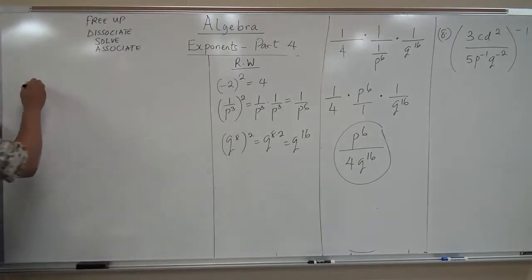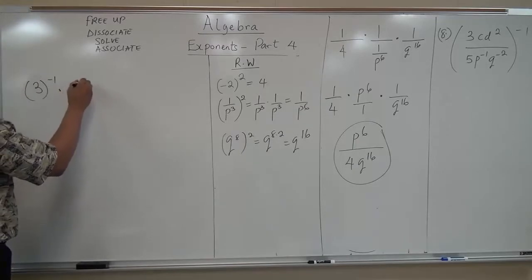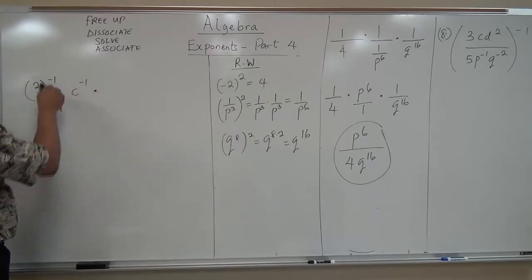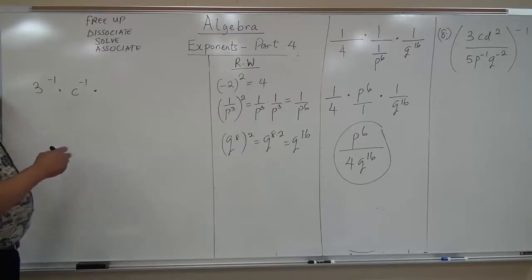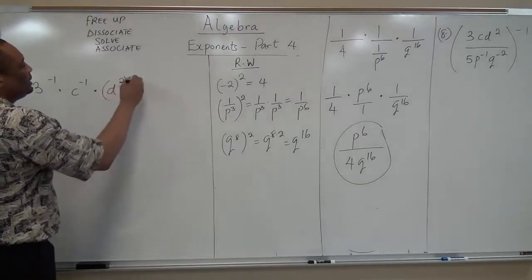Alright, so this is 3 exponent negative 1 times c exponent negative 1 times, it does not matter whether I put parentheses or not, d squared times negative 1.